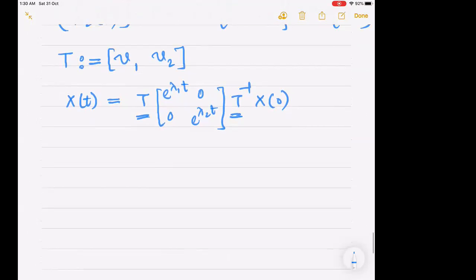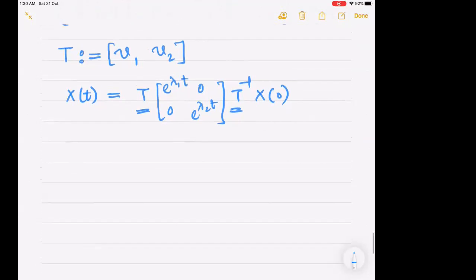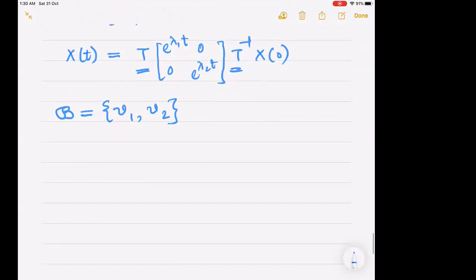Notice carefully. What we are saying is that v1, v2 is linearly independent. So in fact, if I choose a new basis v1, v2 for my R2, this is the new basis B. Under this basis, what is the representation of the vector x at all time?